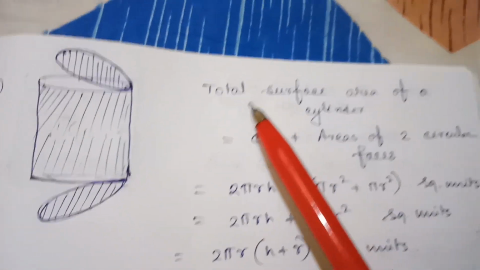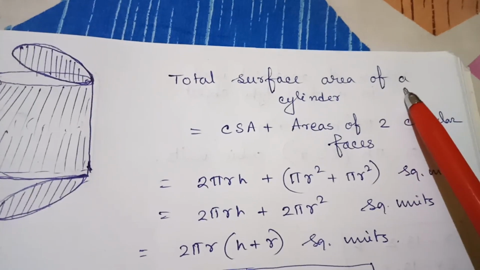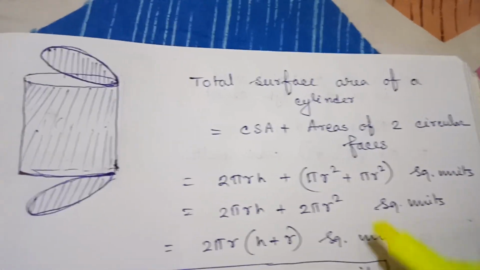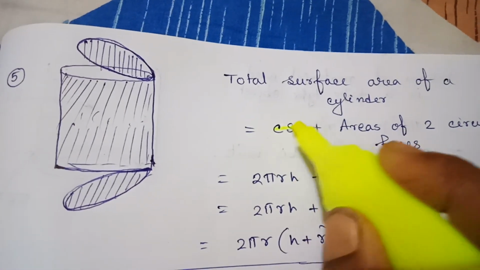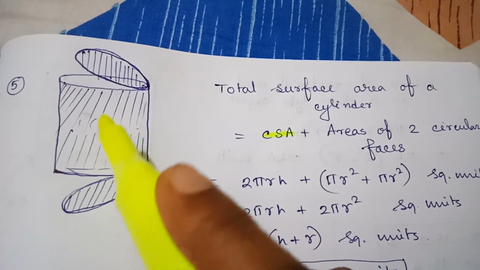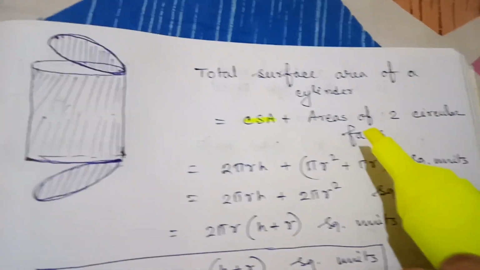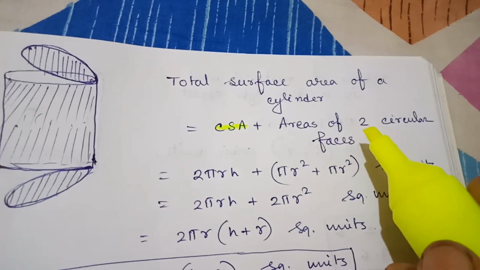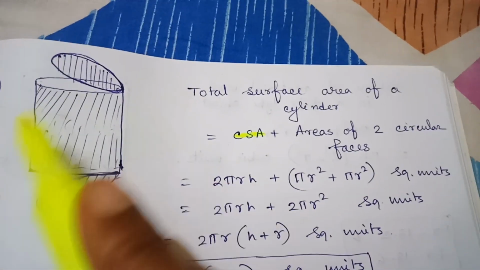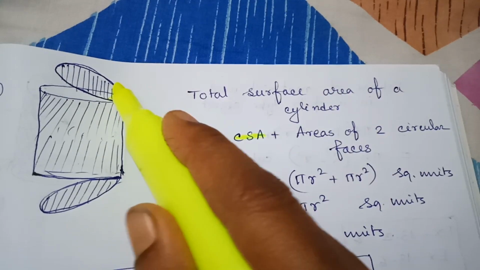So what will be the total surface area of a cylinder? Total surface area of a cylinder is CSA. CSA means this part, look, the shaded part, and the areas of two circular faces. Total surface area means curved surface area plus these two.